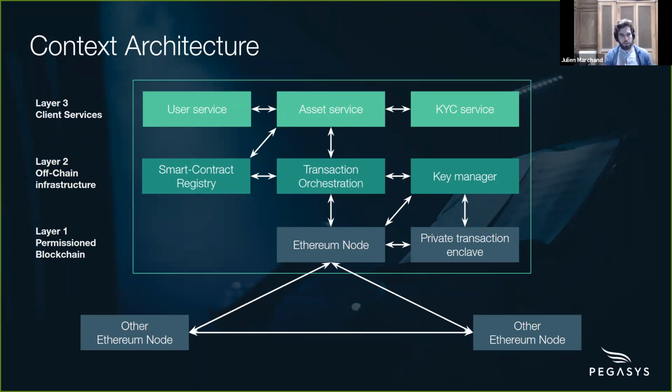And then finally, at the layer 1 system, you have the Ethereum node itself. So for example, Hyperledger Besu is one of them. It will be held by the private transaction enclave, so for example, Orion in that case. And this node will interact with every other node of the distributed ledger technology.